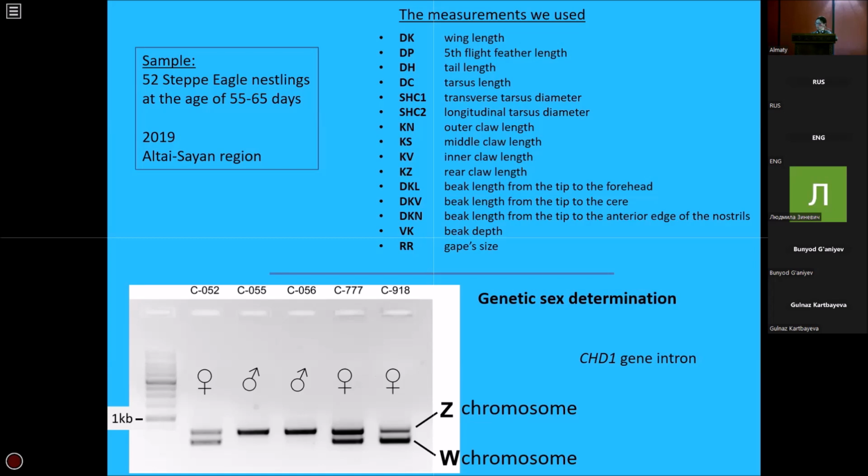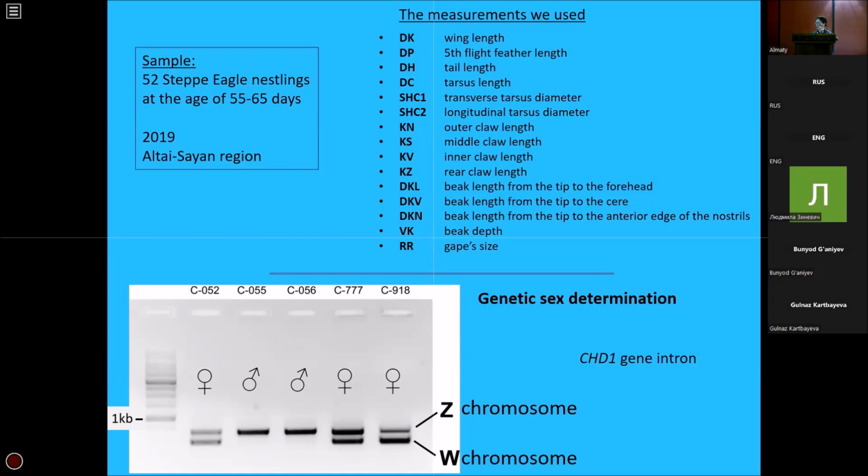While we measured nestlings, we took samples of genetic material, a small feather from the body, and then we determined the sex in the laboratory genetically using the helicase gene CHD1. This gene is located on both avian sex chromosomes Z and W, and has different intron lengths.